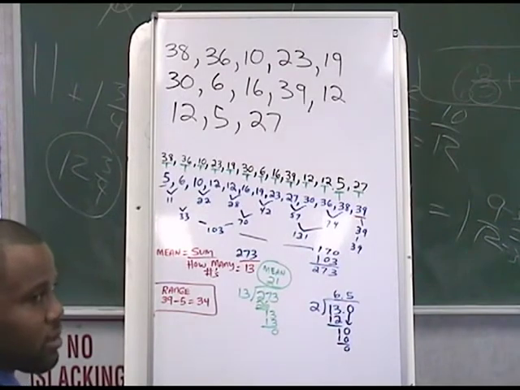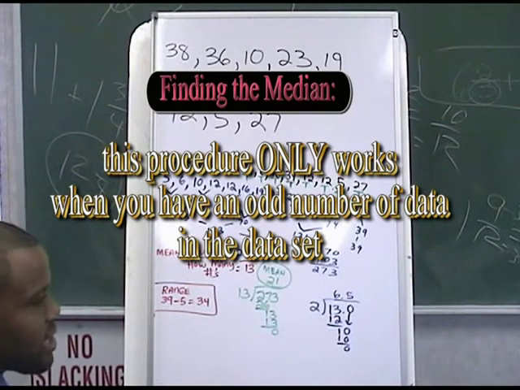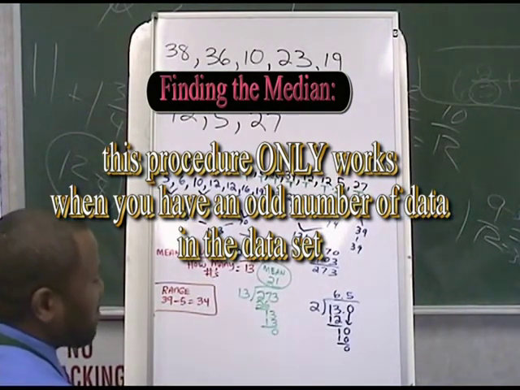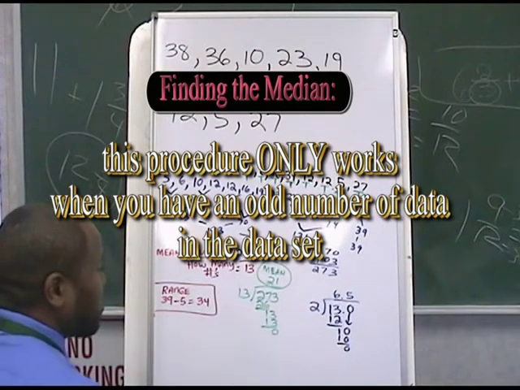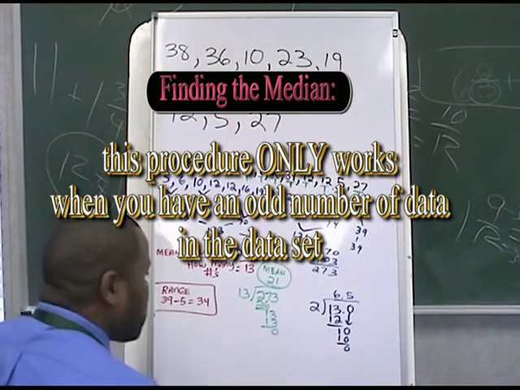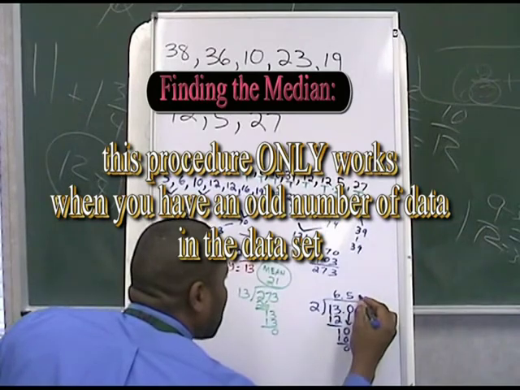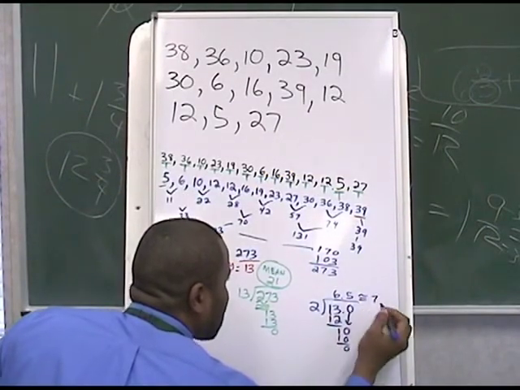Now, 6.5 is not the median. Let me just say that first of all. Because 13 is the number of numbers that we have. This little exercise just tells us which number is going to be the median. When you have an odd number and you divide by 2, all you do is simply round up. 6.5 rounded up is 7.